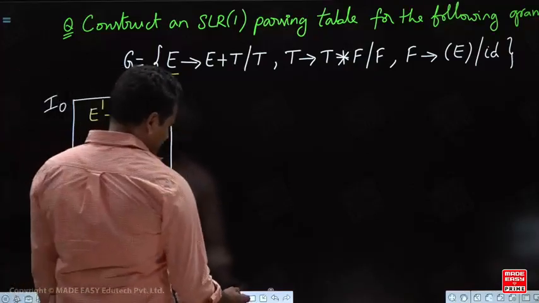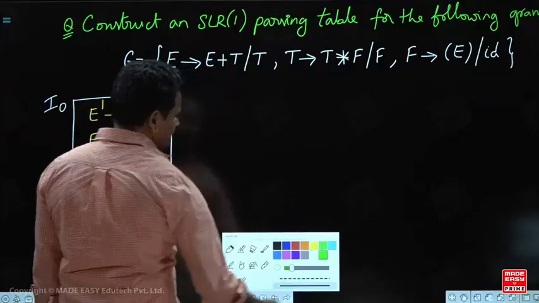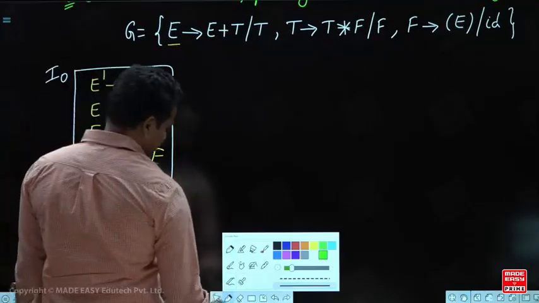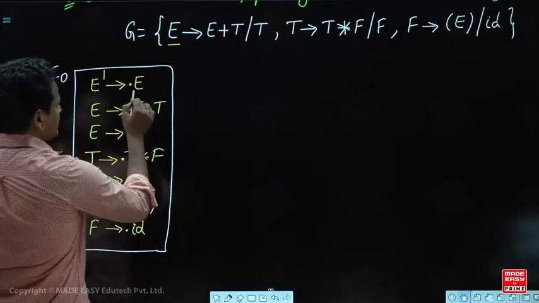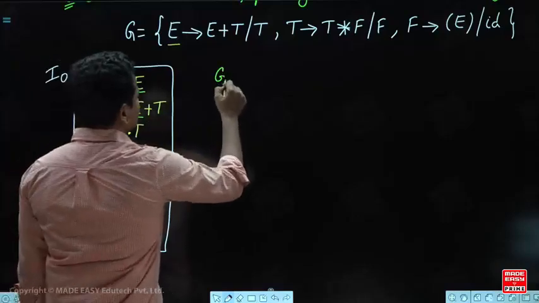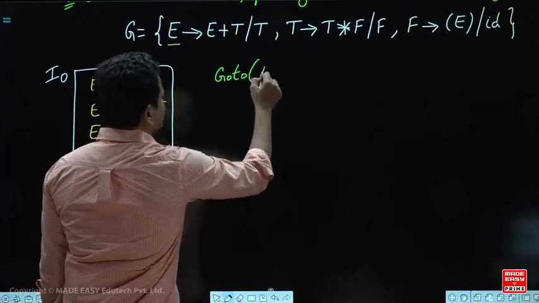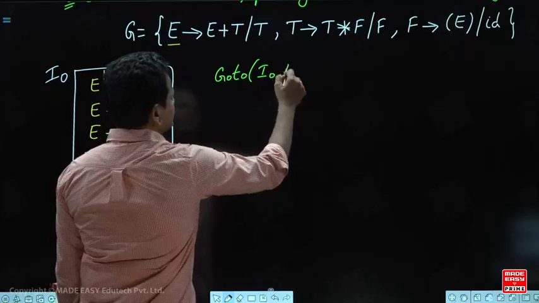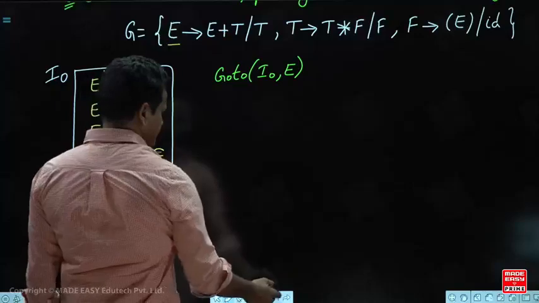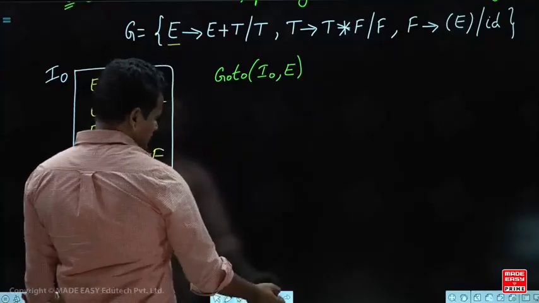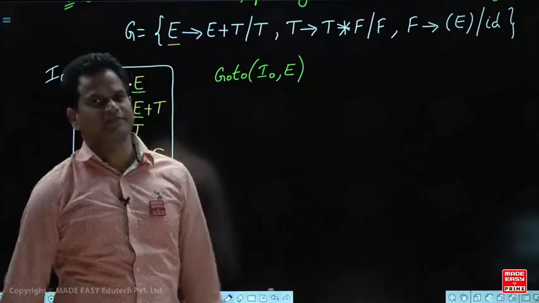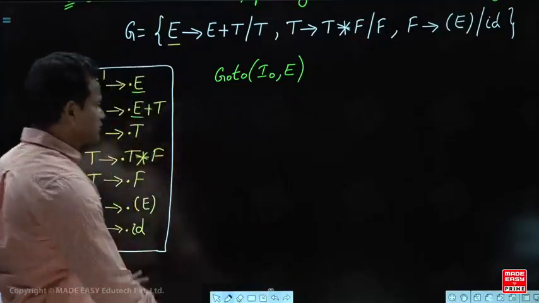Now look at this. For every shift symbol in I0, if you look at this one, dot after E, both are the same symbol, so go to of I0 comma E. If you can write the LR(0) items for this grammar perfectly, then you can write them for any grammar. So do it very carefully.